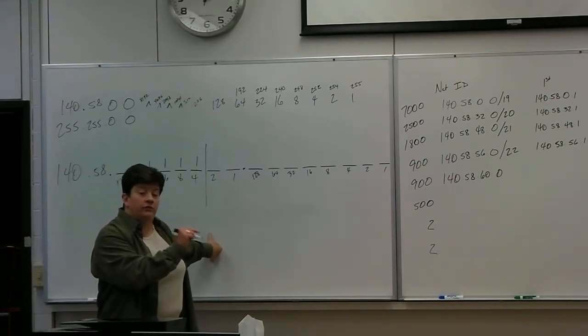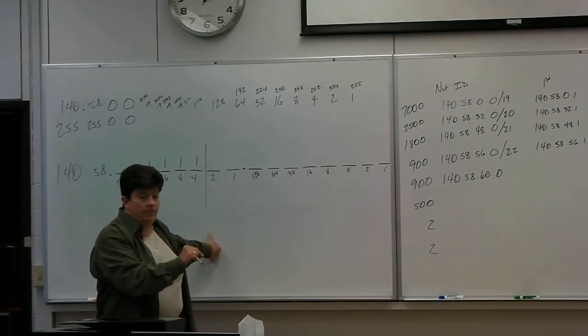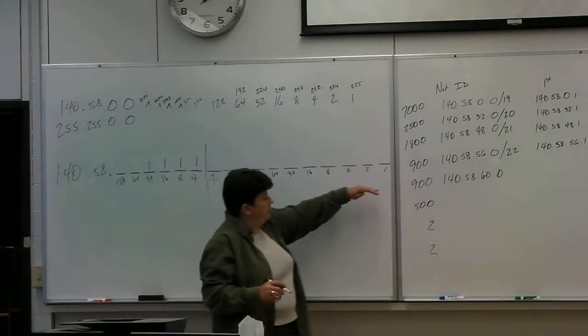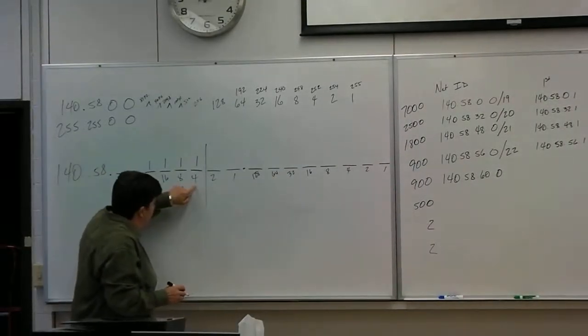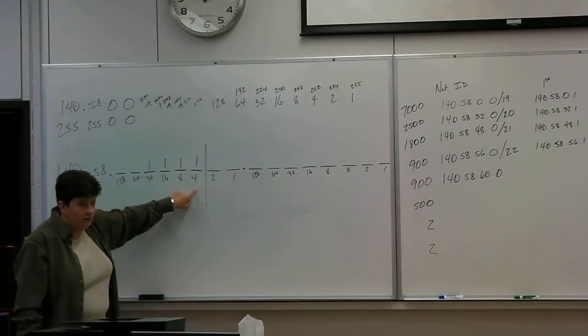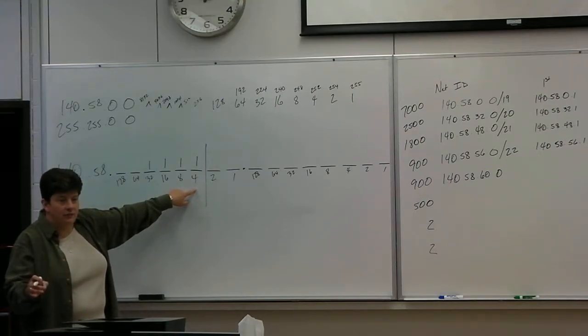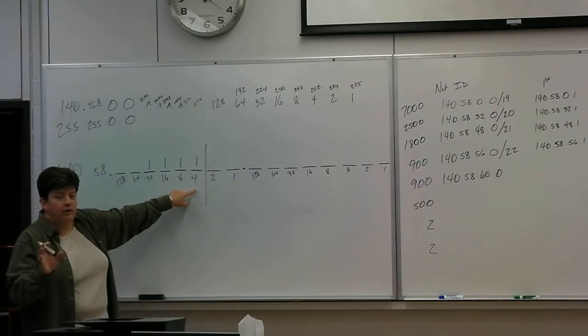Go back to regular subnetting. If this had been my network ID, and this were my magic number, what would I do to get the next one? Don't think about moving the line. Leave the line alone. Just let go of it.